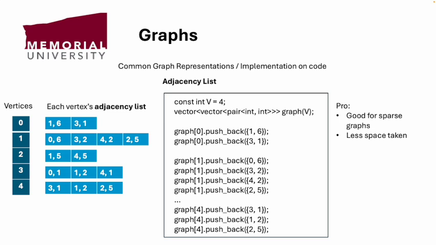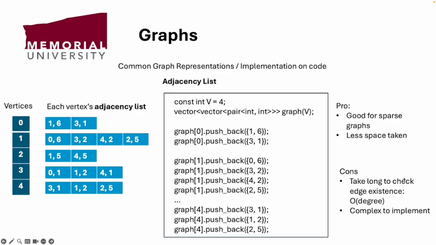The good part is it's good for a sparse graph, okay, in this case, because probably there are not many connections. So we're just using this list to build a connection. We don't need the 2D, right? In 2D, we waste a lot of space. And then less space taking, right? Cons, if you want to check whether an edge exists or not, it takes a little bit longer to process, because we need to verify it.